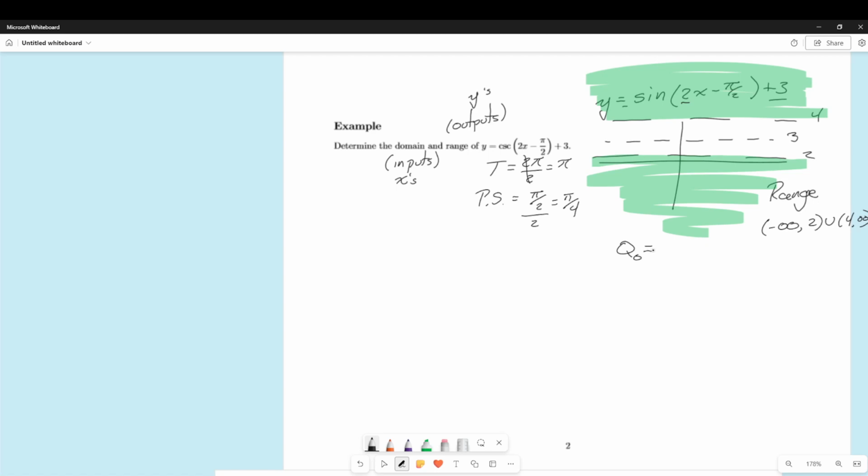Our graph is going to start at our phase shift, pi over 4, and then we're going to add quarter periods. So pi over 4 plus a quarter of our period is another pi over 4. And then add 2 quarter periods.